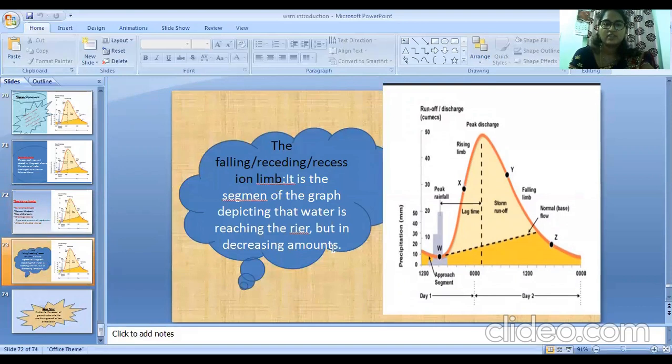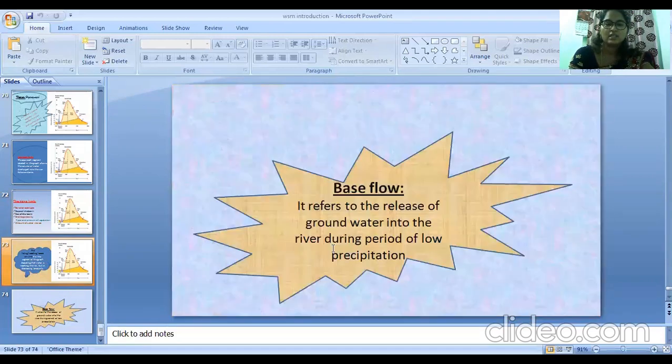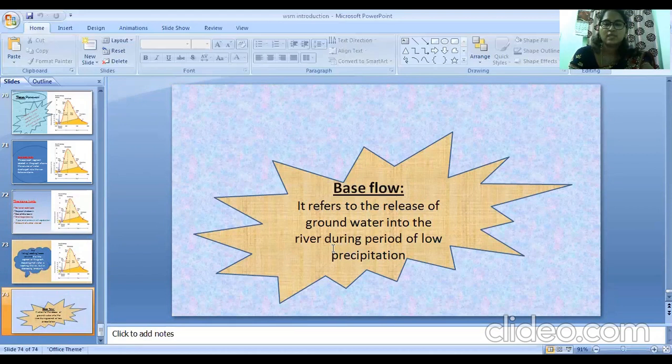And the next one is the receding limb. It is the segment of the graph depicting that water is reaching the river but in decreasing amount. And the next one is base flow. It refers to the release of groundwater into the river during the period of low precipitation.